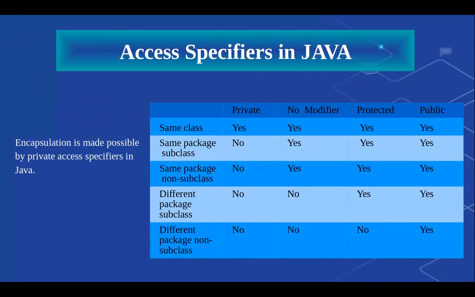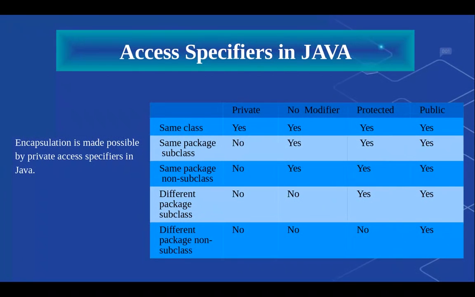Now, this was about the private access specifier. Next is no modifier. That is, if you don't provide any access specifier in front of a variable, then it is the default or no modifier access specifier. It is accessible within the same class, within the same package subclass, and within the same package non-subclass also.